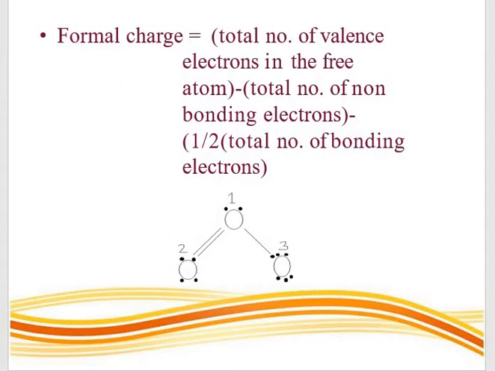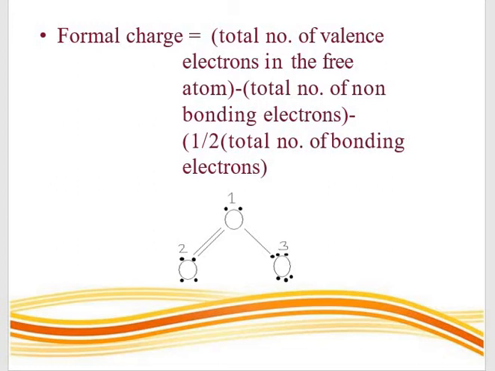So we can calculate the formal charge on an atom in the Lewis structure of a polyatomic species as: total number of valence electrons in the free atom, minus total number of non-bonding or lone pair electrons, minus 1/2 of the total number of bonding or shared electrons.